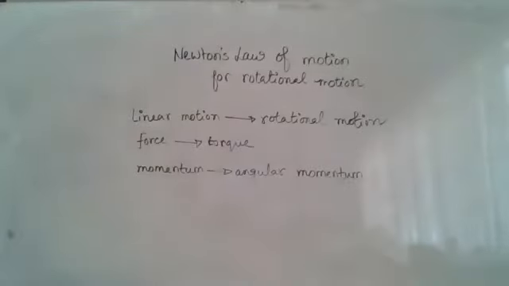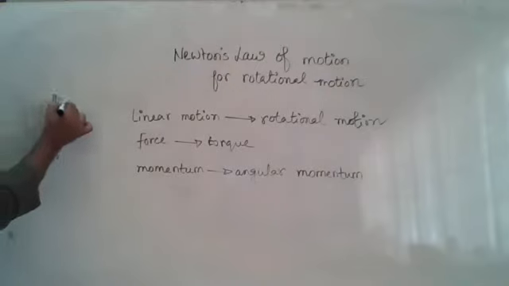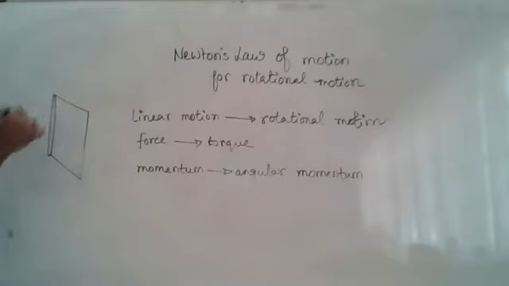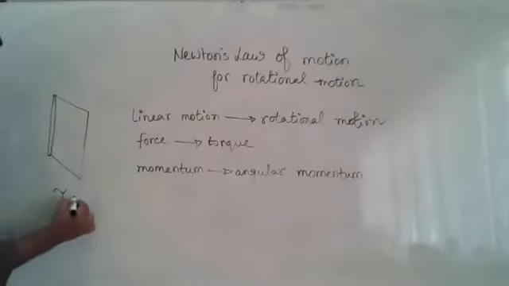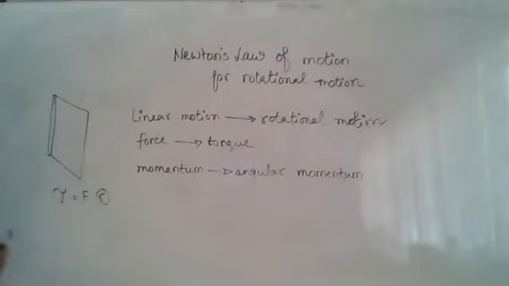This might sound a little confusing to you, sir. Even though I apply force, how will it not produce torque? There are some cases where you are applying force, but no torque is produced. As I told you in the last class, there is the hinge of the door, and the door rotates about that hinge upon application of some force, right? Now, torque is calculated by force times the distance from the hinge, or the axis about which the door rotates.